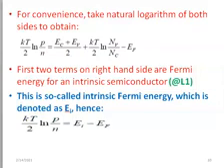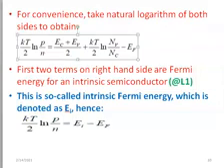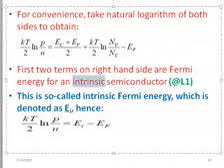If you look at the first two terms on the right hand side, they stand for our Fermi energy level in the intrinsic case. Remember, this is discussed in lecture number 1. These first two terms we call the intrinsic Fermi energy, and we can remove these two and represent it by EI.